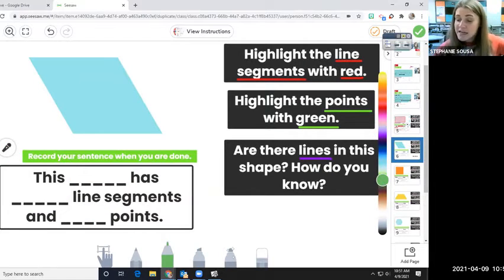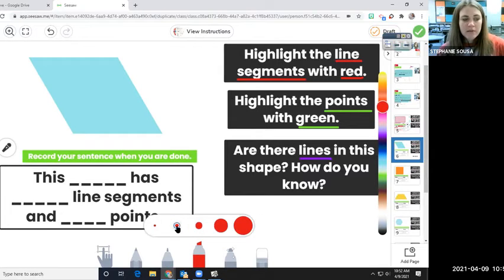What a novel idea. All right? This says, highlight the line segments with red. Grab your highlighter, make it red. I'm going to make my point smaller so that it doesn't take up a huge amount of my drawing.